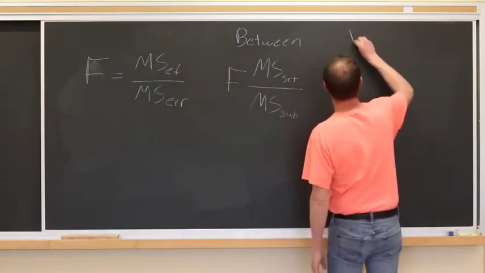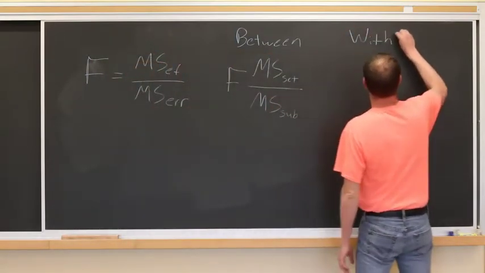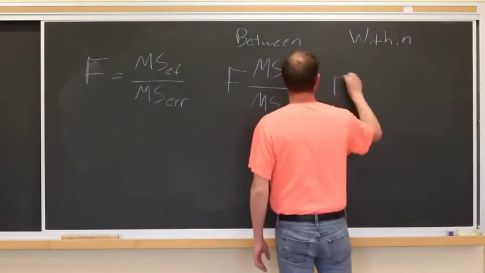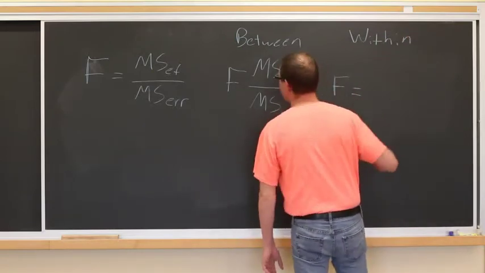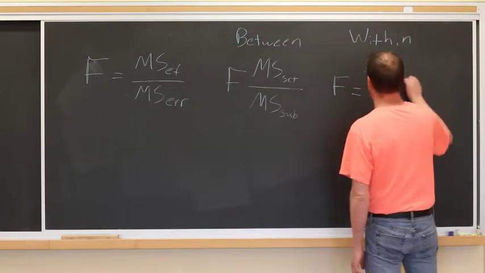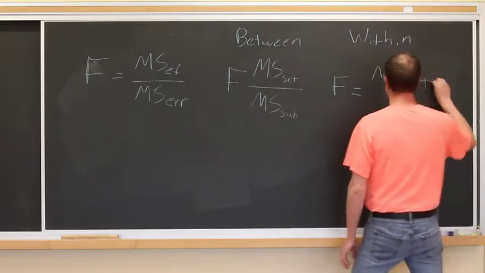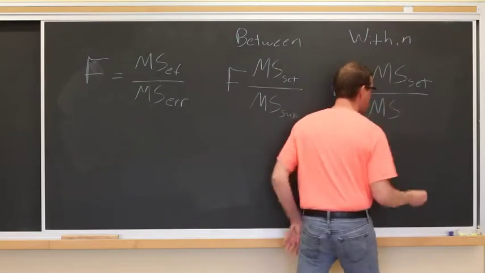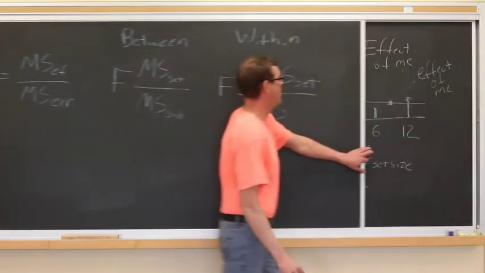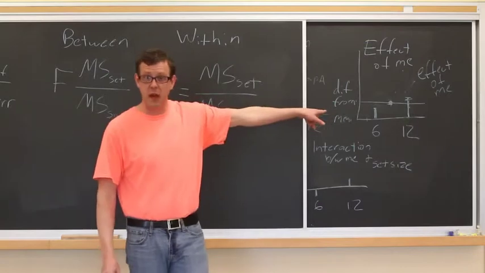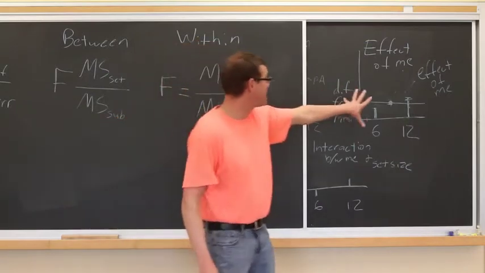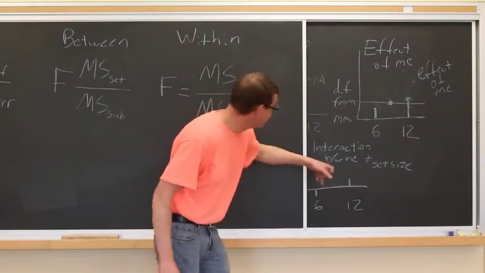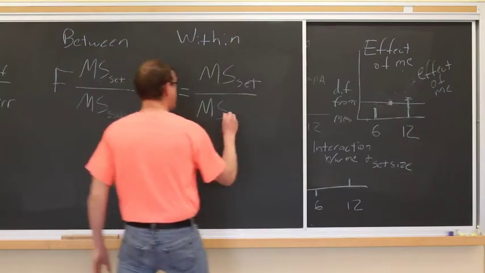However, for within subjects design, we have something different. So our F is going to be the mean squares for the effect of set size that we're interested in over the mean squares error. And we're not going to use just the subjects, right? Because we were able to take this out. So instead, this is going to represent the error.